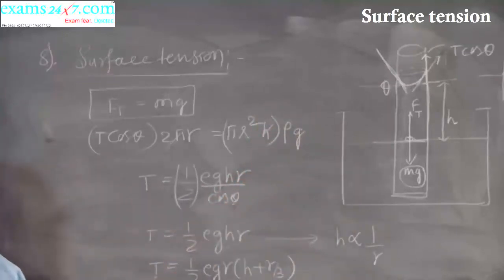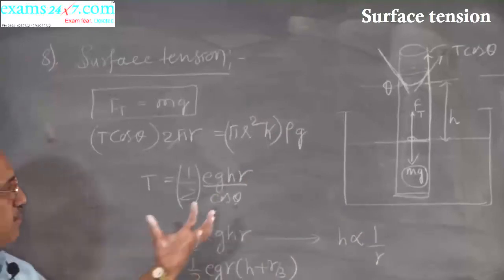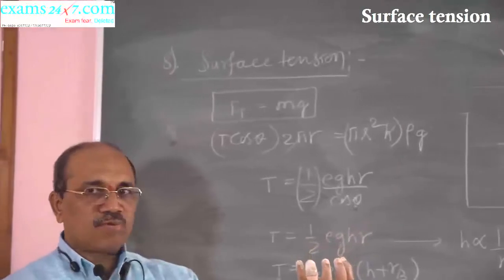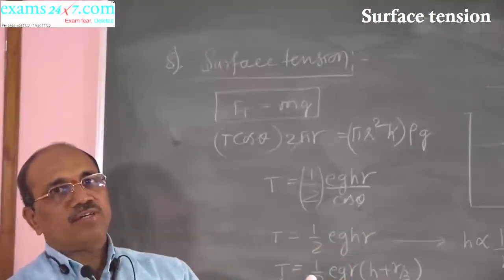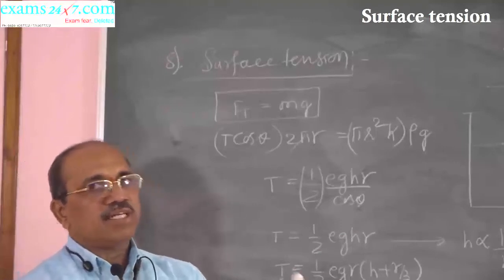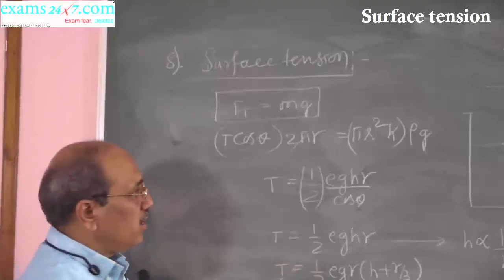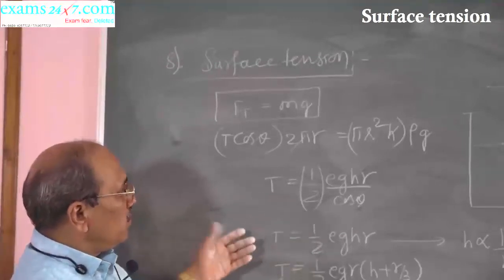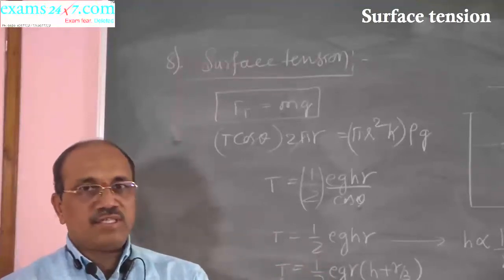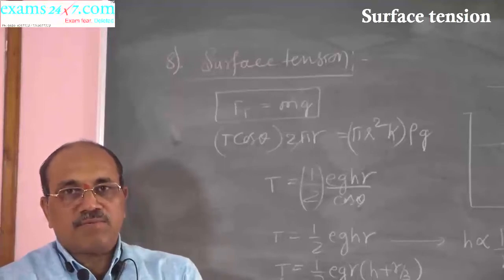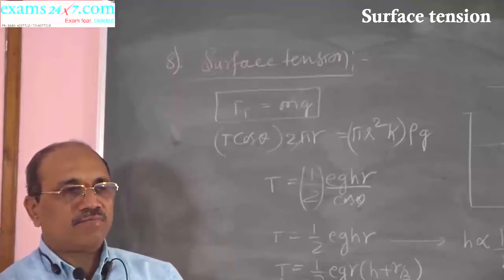As far as applications are concerned, every liquid drop is spherical in shape. Because of this, cohesive force acts symmetrically from all directions radially inward. When you throw any liquid into space, it will get a spherical shape, that is number 1. And number 2, because of the surface tension, the surface energy, a thin elastic membrane-like structure appears on the surface.